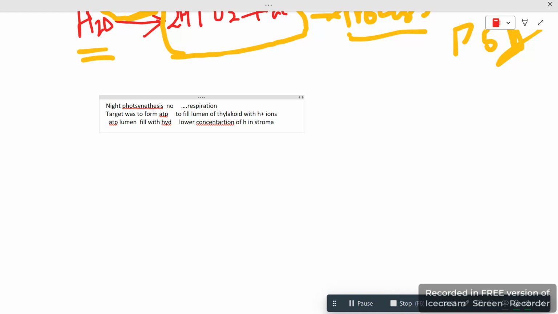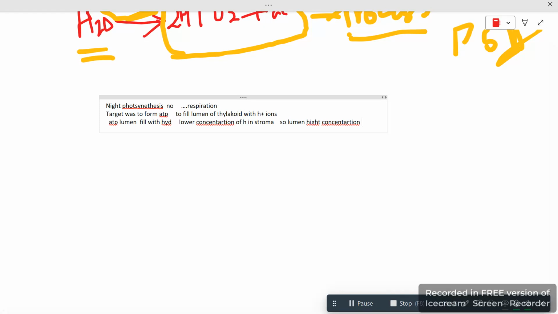If all the H positive ions are taken into the lumen of thylakoid, there will be a low concentration of hydrogen in the stroma. So the lumen has a high concentration as compared to the stroma.